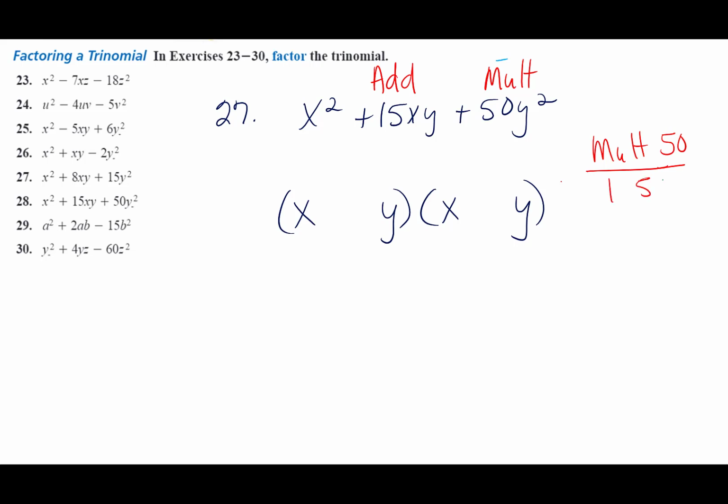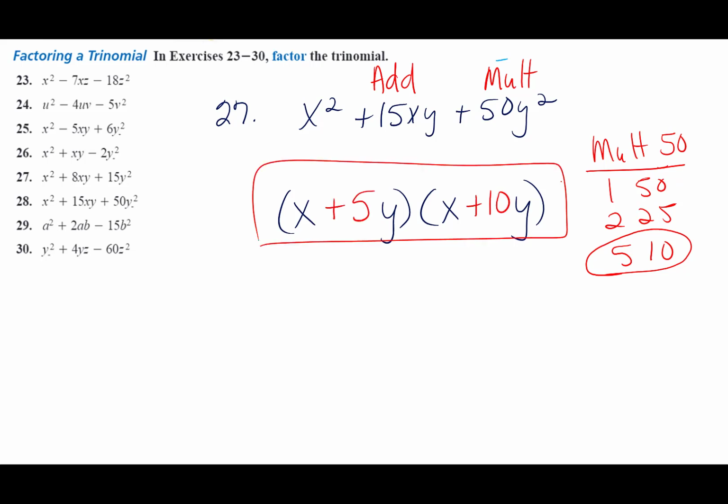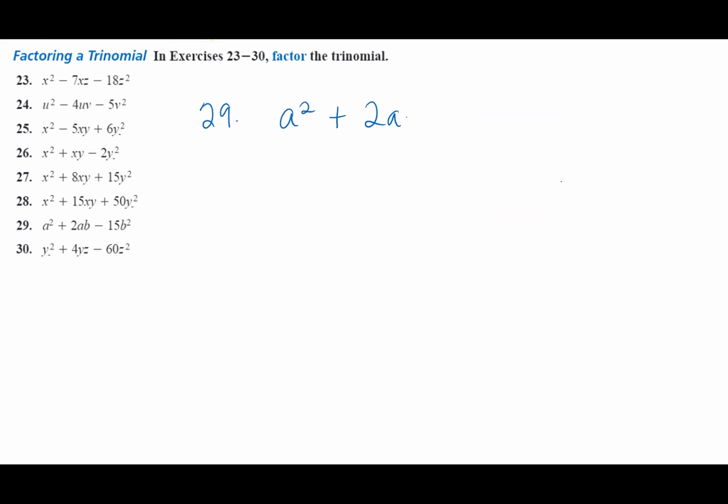So 1 and 50, 2 and 25, 5 and 10. Am I missing anything? I think that's good enough, because do you see the factors 5 and 10? If they were both positive, it would multiply to a +50 and it would add to a +15. So in any order, put +5 and +10, and that's your final answer.